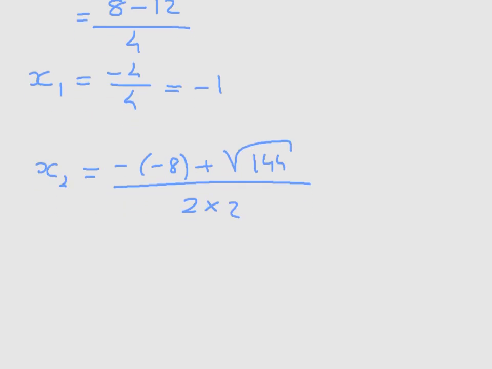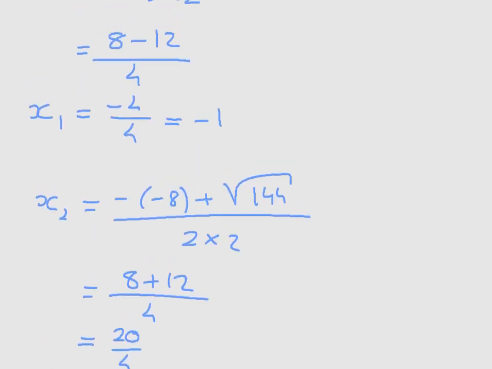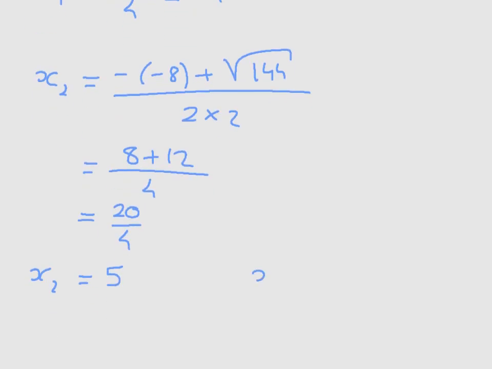This in turn becomes positive 8, so that's 8 plus the square root of 144, remember, was 12, over 4. That turns into 20 over 4. And finally, our second solution, x2, is 5. So this quadratic equation has two solutions. We had x1 is equal to negative 1, and x2 is equal to 5.